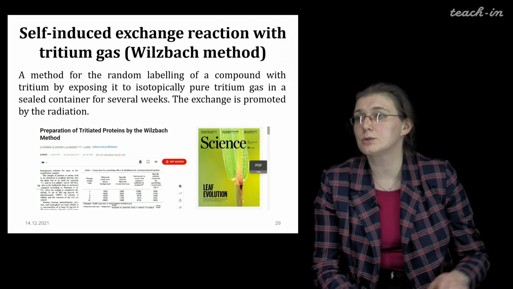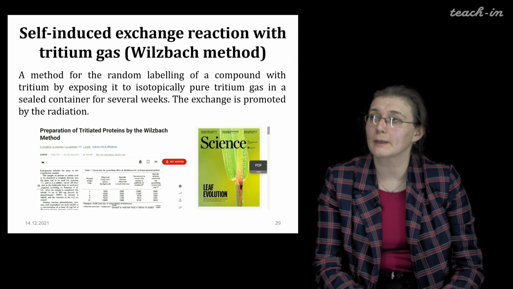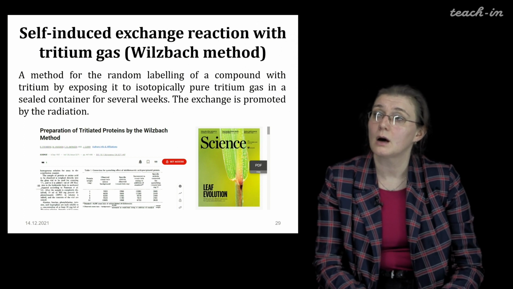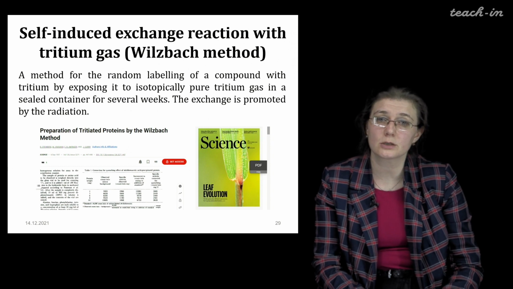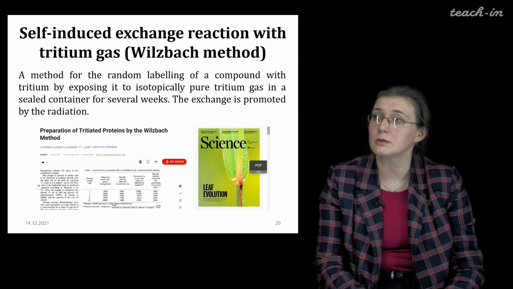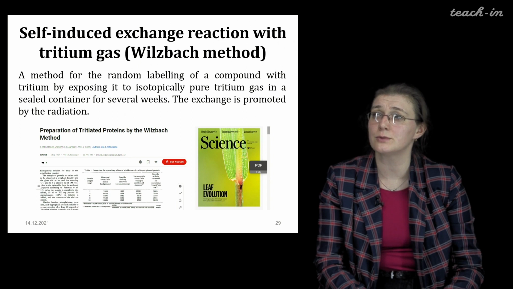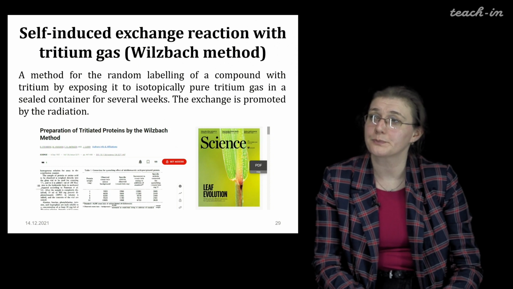First I want to show you a rather famous method of introduction of tritium into organic molecules, which can also be identified as a self-induced exchange reaction with tritium gas.